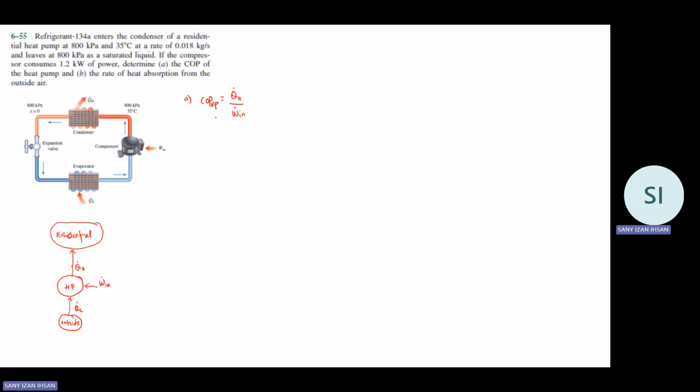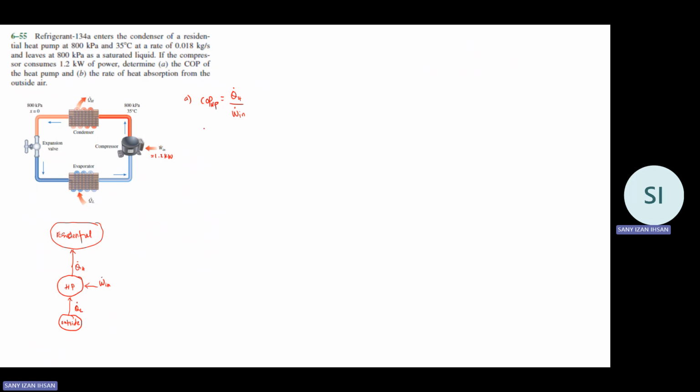This is the equation that we need. We have W dot in already, given as 1.2 kilowatt. We need to find Q_H dot.